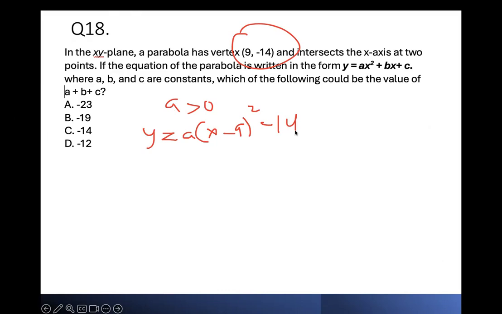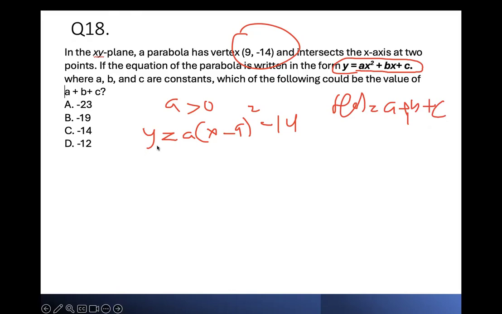If a is greater than 0, that's the condition. Every time you're trying to find a plus b plus c, if you put x equal to 1 here, it will give you a plus b plus c. f of 1 is the same thing as a plus b plus c.